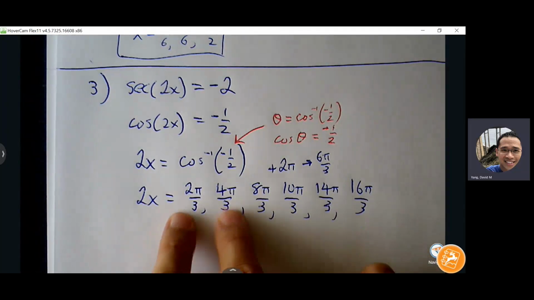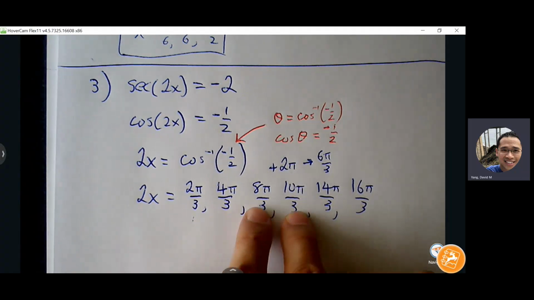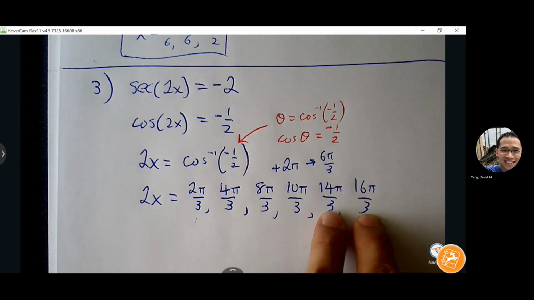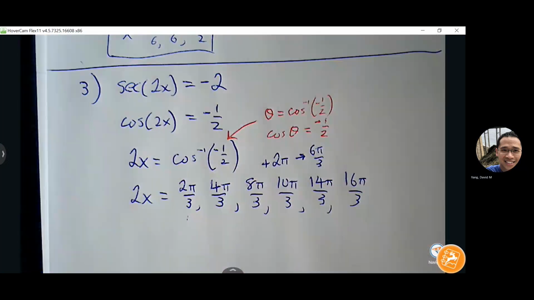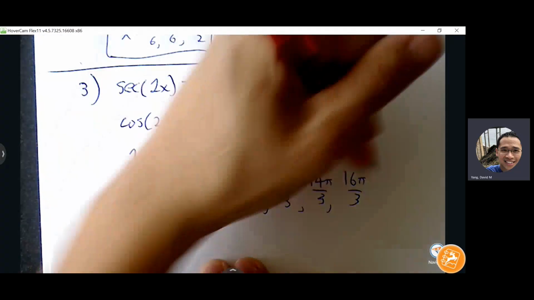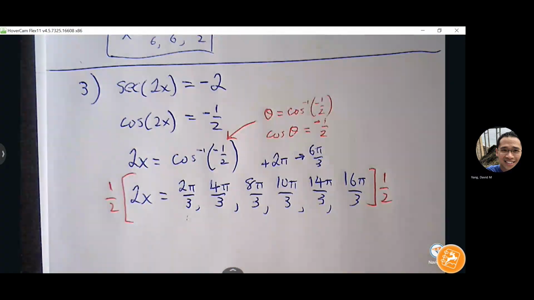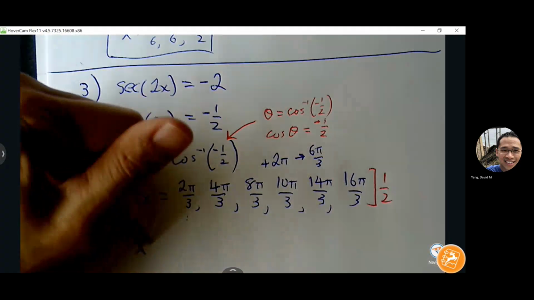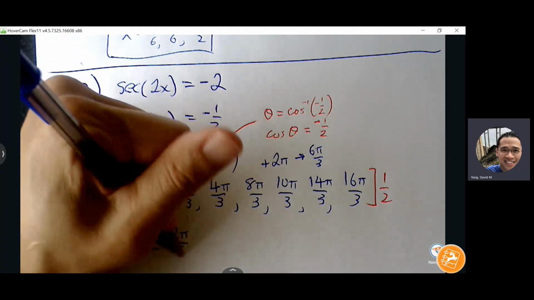With each one, I keep adding 2 pi or 6 pi over 3 until I feel like I have more than enough, because they're going to shrink. Multiply by 1/2. And then once the dust settles, I can figure out which ones I want to keep.